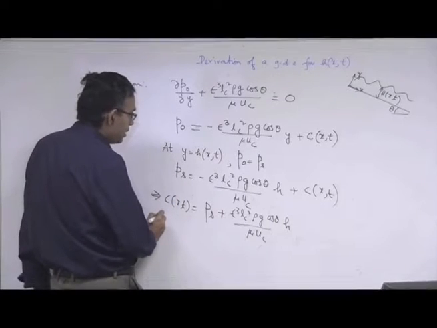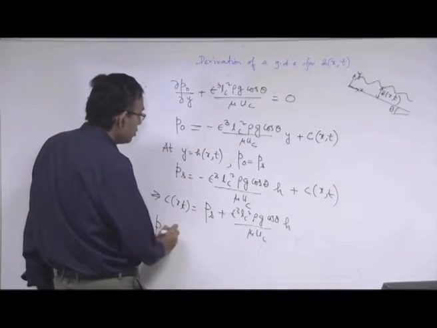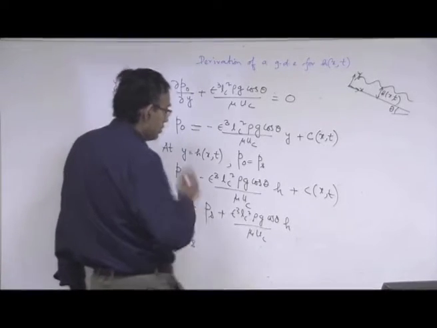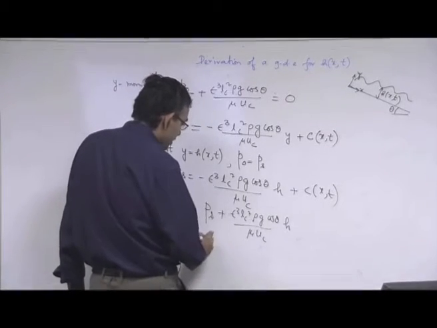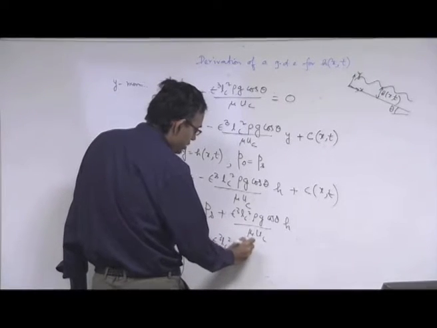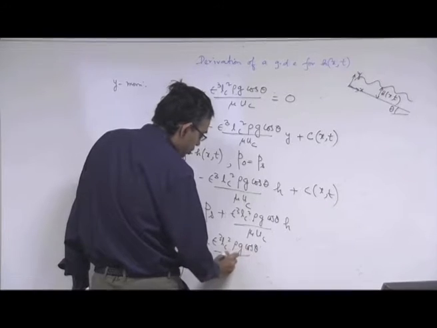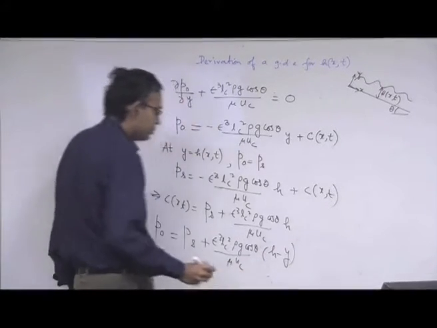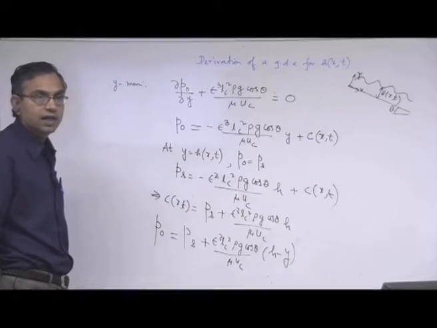So we can write P0 is equal to Ps plus epsilon cube LC square rho g cos theta by mu uc into h minus y, where h is a function of x and t.